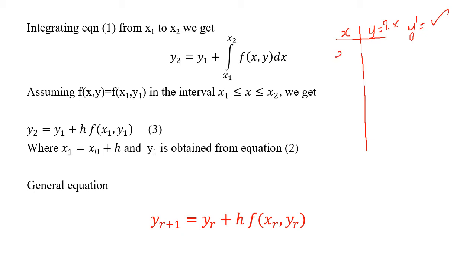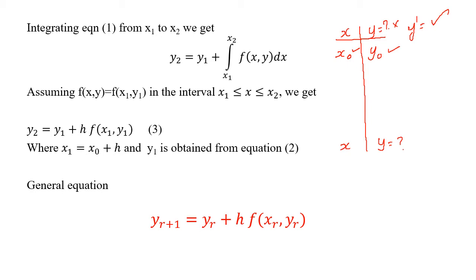Also at x is equal to x0 the function is y0. These two things are known to us. Now actually the problem is this: you must find what is the value of the function at some arbitrary point x, that is what is this y. So this is the question.